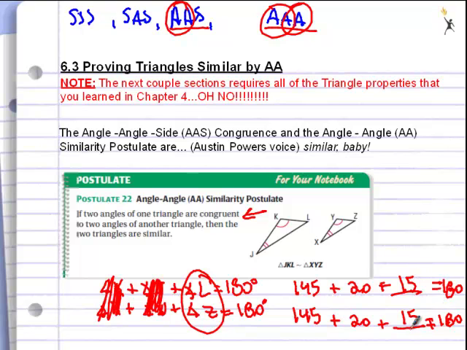Only one number can be the supplement of those 2 other angles. So you'll notice that because the other 2 are congruent, the third ones have to be congruent. It's just the way addition works. They have to add up to 180 degrees, therefore they have to be congruent. And this is dealing with AA similarity. Being able to prove that 2 angles are congruent means that you have 2 similar shapes.